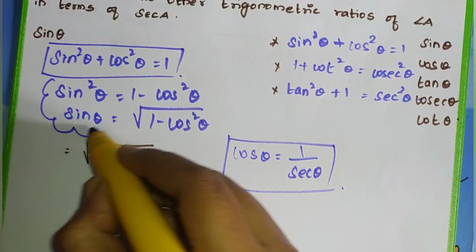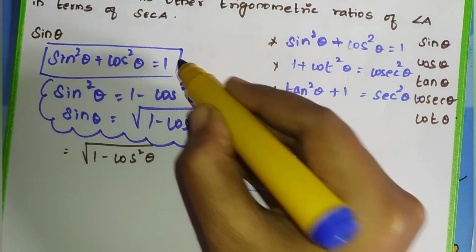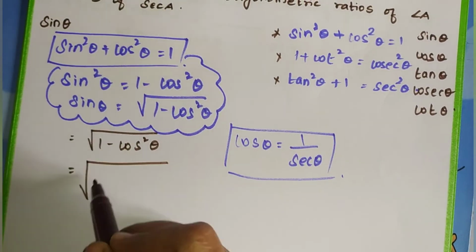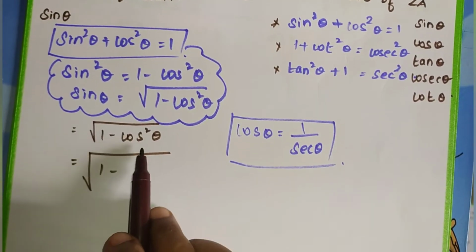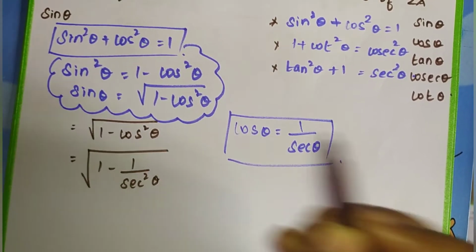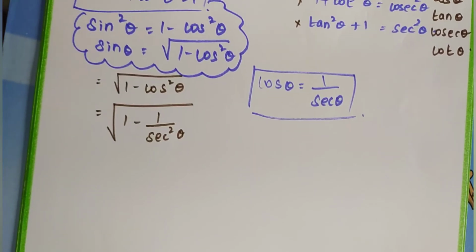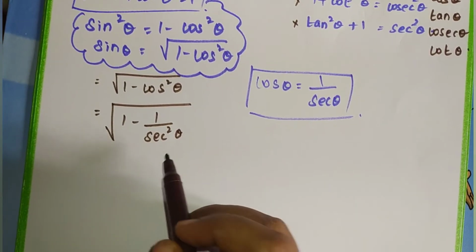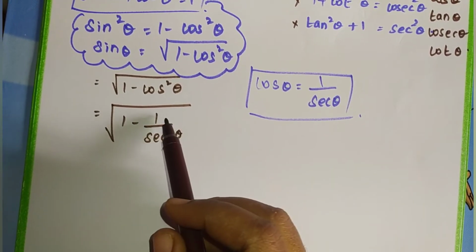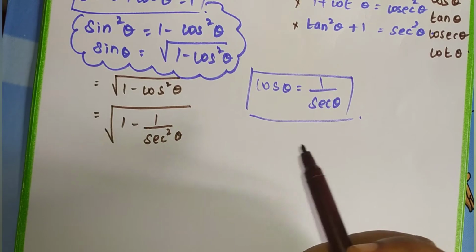These are formulas. So in terms of cos I am going to write 1 divided by secant square theta. Clear all of you? Is there any doubt? So root of 1 minus 1 divided by secant square theta.